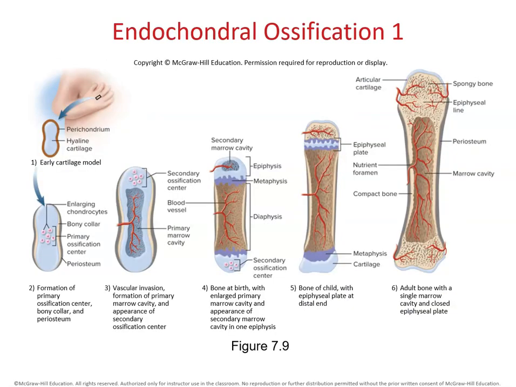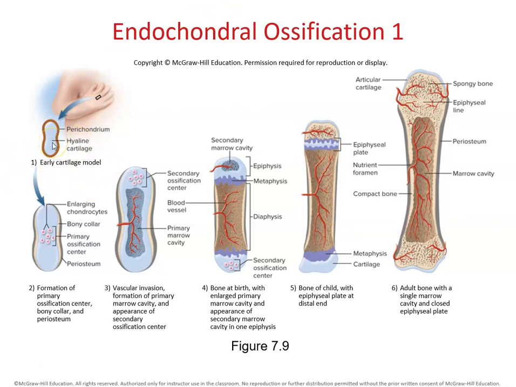Okay, so now we're going to talk about the other type of ossification. The other type of ossification is called endochondral ossification. And with this, we use cartilage as a template, and the bone is built from that cartilage template. So here we have the early cartilage model, that hyaline cartilage.